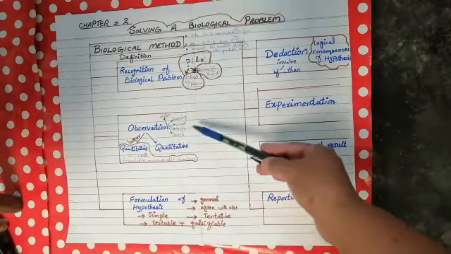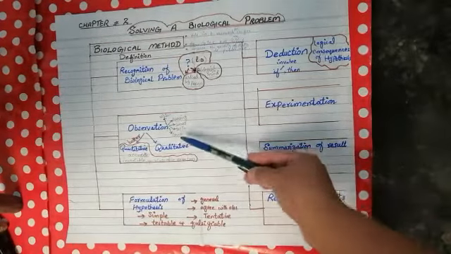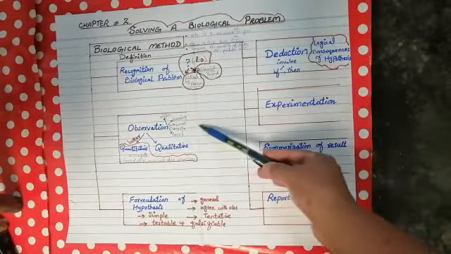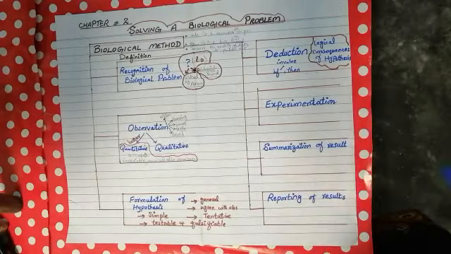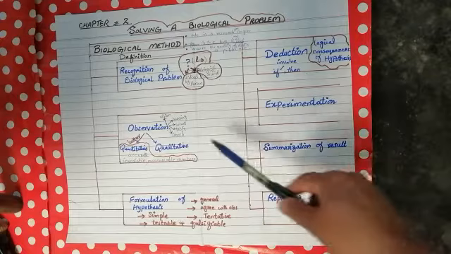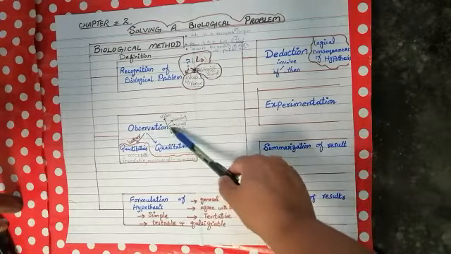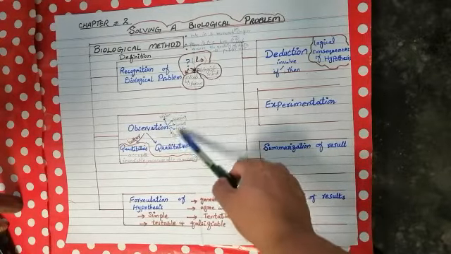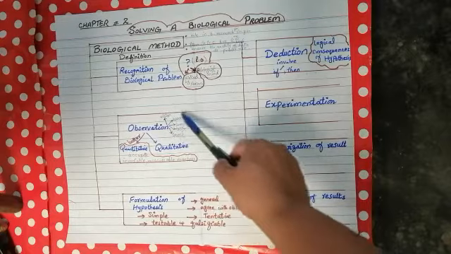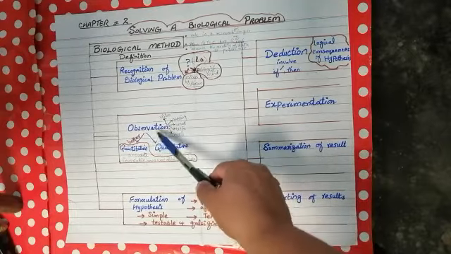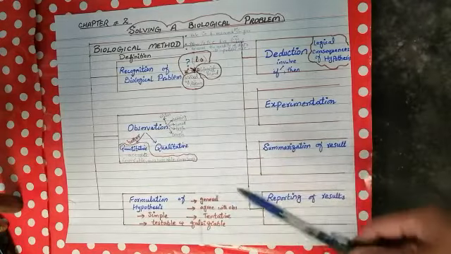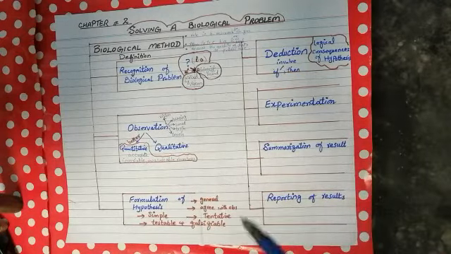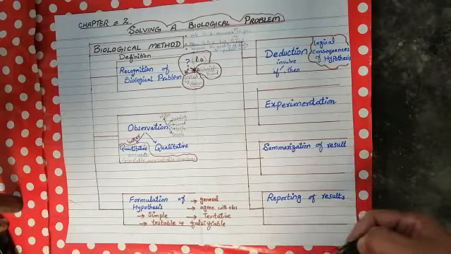Then taste, that is by taste buds on the tongue. Then by touch on our skin. These are the 5 types of observations which we make by using our 5 senses. When we collect observations, then we come to the next step.